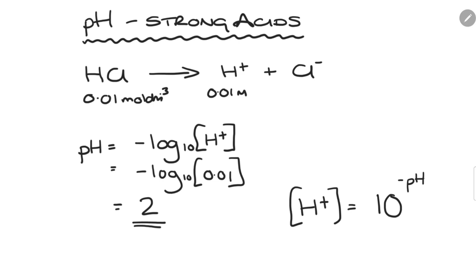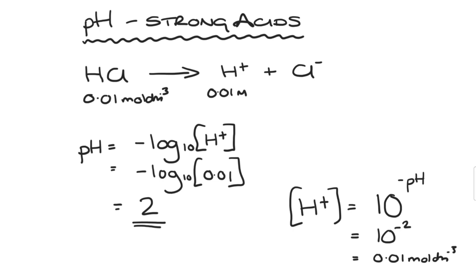So again, using your calculator, you would ultimately have a number of 10 to the -2. That, when you calculate it through, would take you back to your original 0.01 moles per litre. And so you can go either, say, from hydrogen ion concentrations to pH, and vice versa, from the pH value back to the hydrogen ion concentrations.